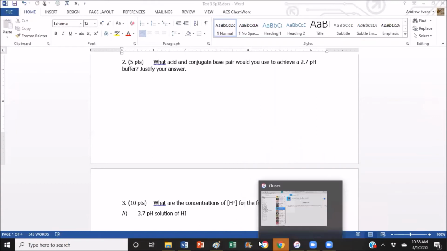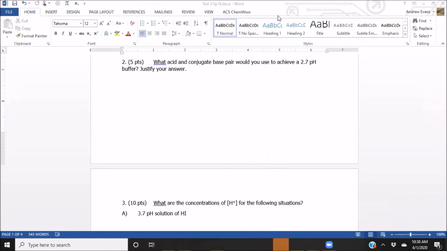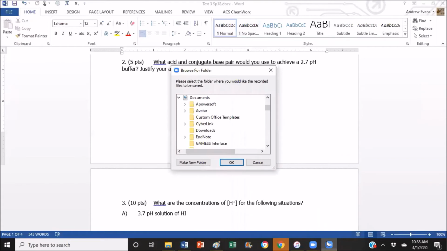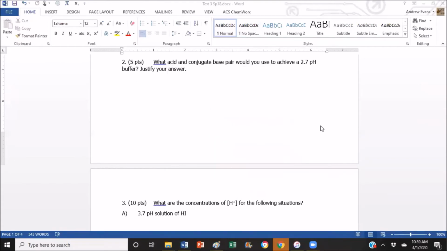For a buffer, it's usually good for up to plus or minus 1 pH unit from the pKa. So what you want to do is look at a list of Kas and find which pKa is within plus or minus 1 pH unit of 2.7.